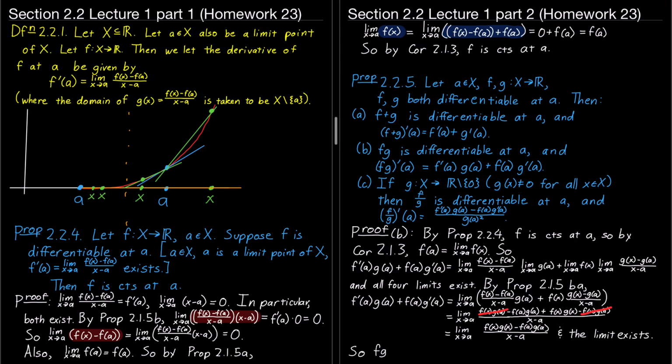So fg prime of a, limit as x goes to a, fg of x, which is the same thing as f of x g of x, minus fg of a, all over x minus a exists and equals the thing it's supposed to be, f prime of a, g of a, plus f of a, g prime of a.